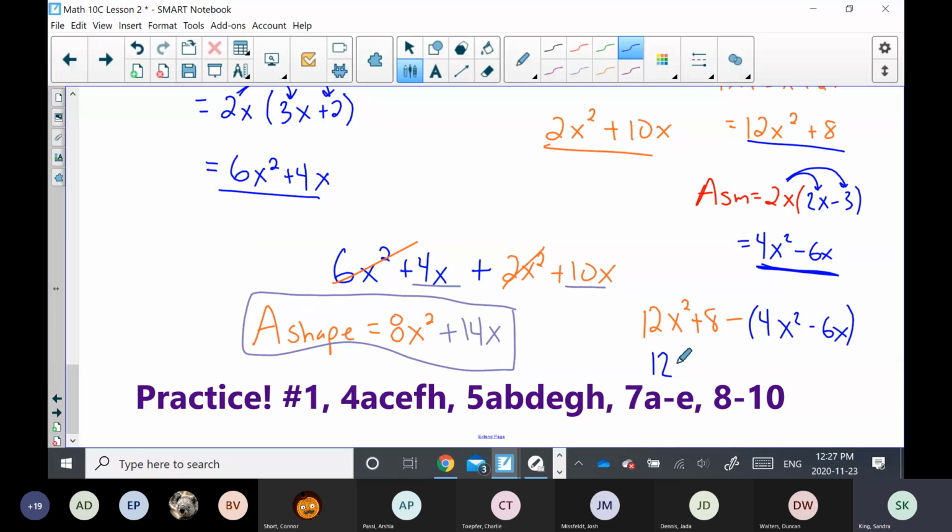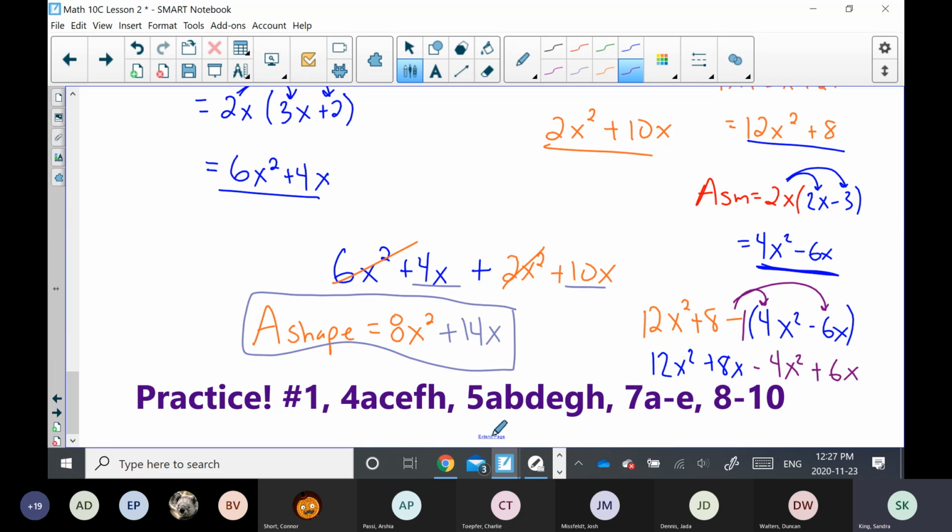This is a -1. How do I get rid of the bracket? I distribute the number in front of the bracket, which is a -1. -1 times 4x squared is -4x squared. Sorry, there was an x squared there. -1 times -6x is plus 6x.